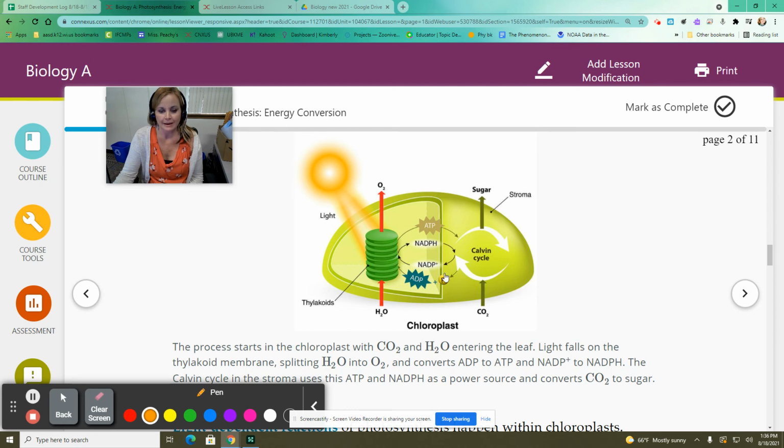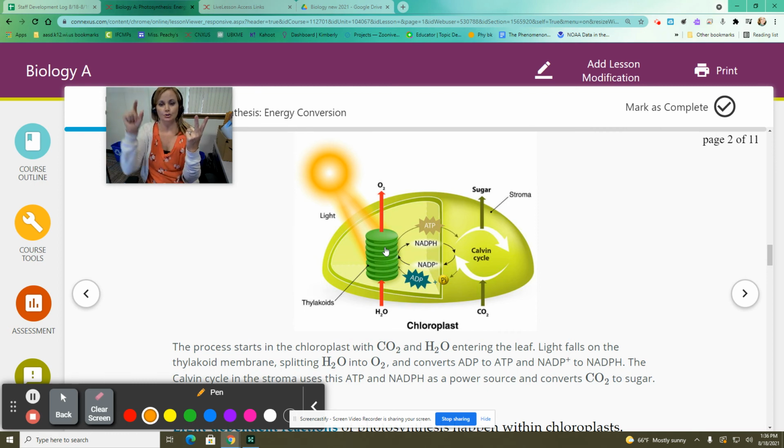And then the ADP and the NADP plus move back into the thylakoid, and the process starts all over again, and you split another water, and you have more hydrogens that get shuttled around. So the two energy carrying molecules, ATP and NADPH, are created in the light dependent reactions, which happen in the thylakoid.